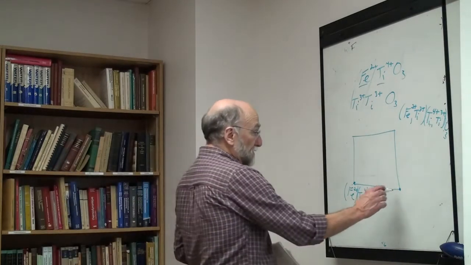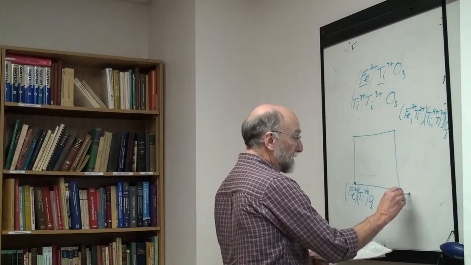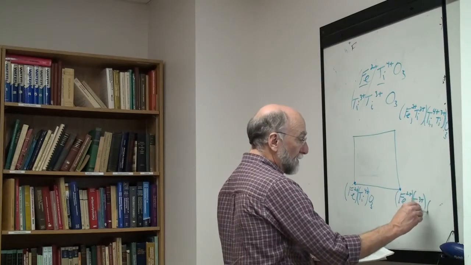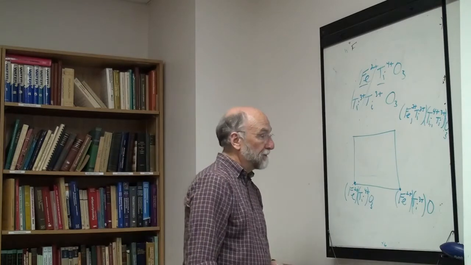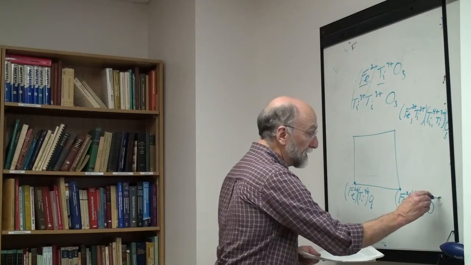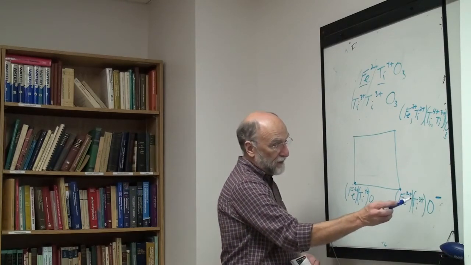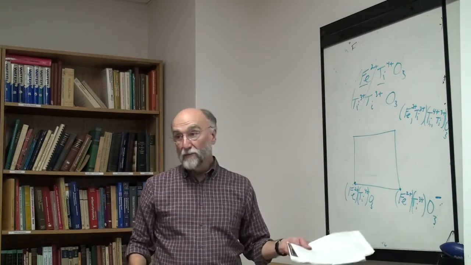So we're just continuing through the formalism. Over here you have Fe2+, Ti3+, O3, and that has a net negative charge. This is 2 plus 3 is 5 pluses, so you've got 6 negative oxygens. So this is a charged compound, which of course is totally hypothetical.